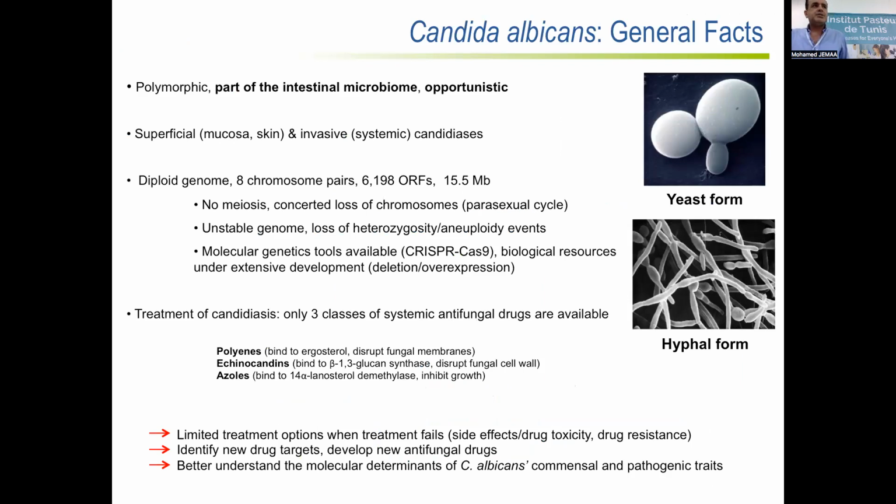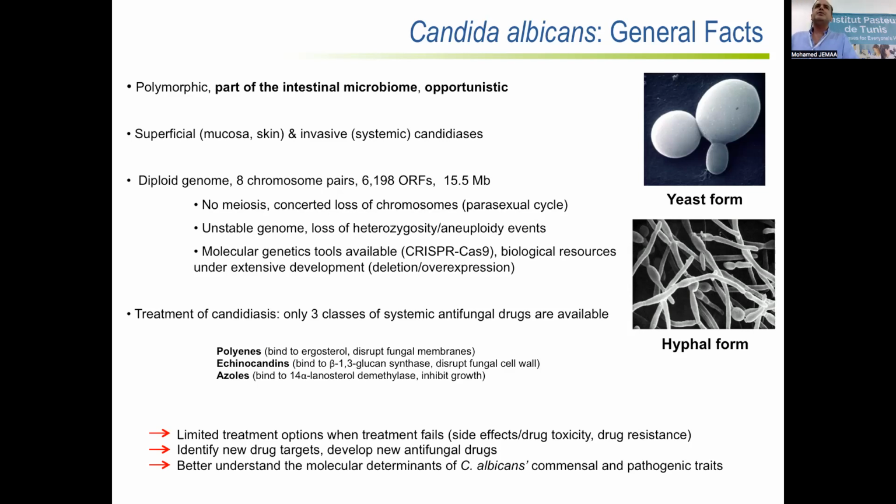As you can see here, it's a polymorphic yeast. That means it undergoes many morphological transitions. It has morphological plasticity. It can exist in a yeast form, spheric, that you see here, but also a filamentous form called hyphae.